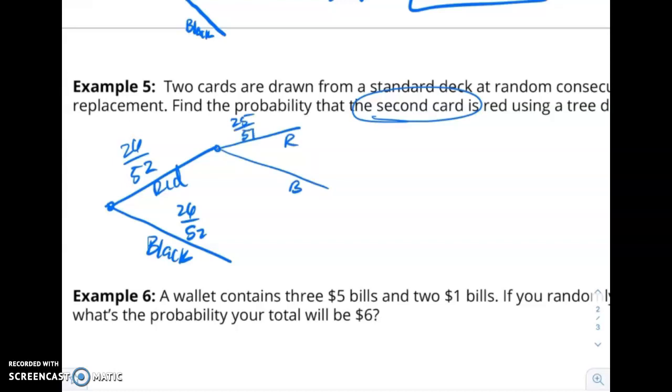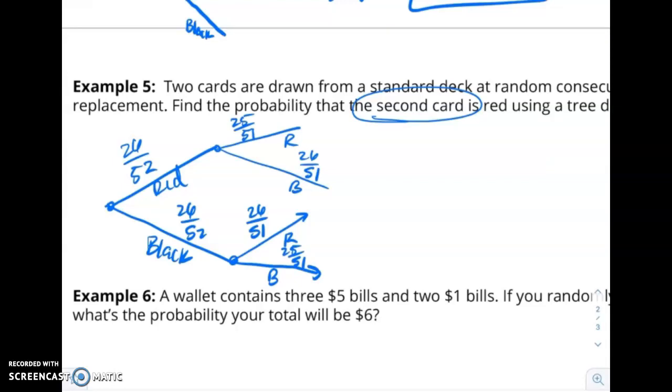And if I pulled a red and now I'm pulling a black, I still have 26 to choose from, but only out of 51. And then the same thing down here. If it's black and then red, I still have 26 red, but only 51 cards. And then for black, I have one less black and one less total.